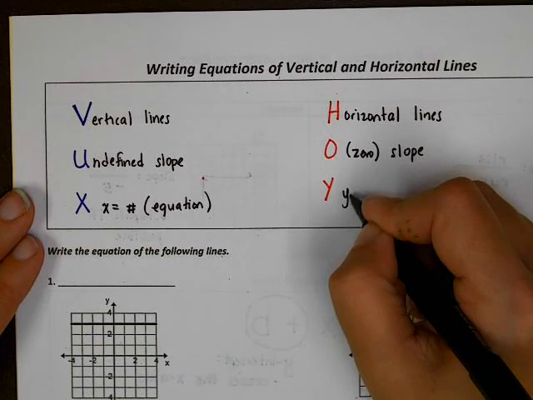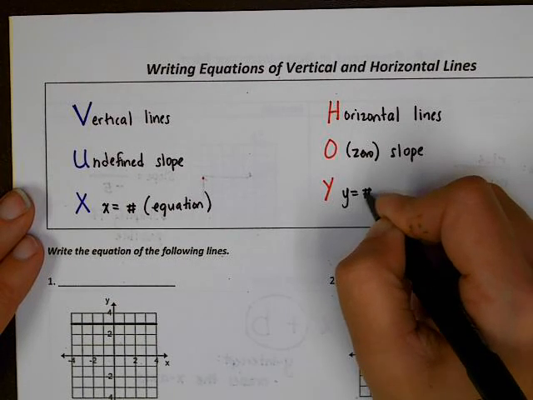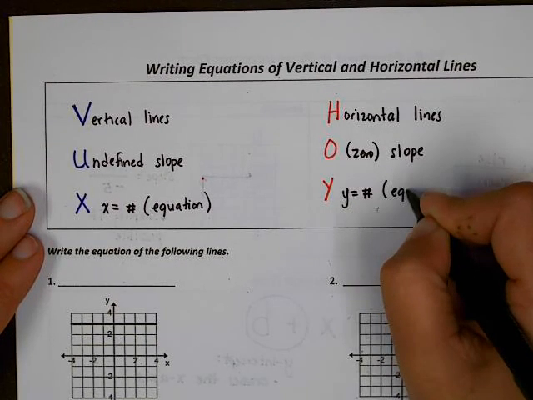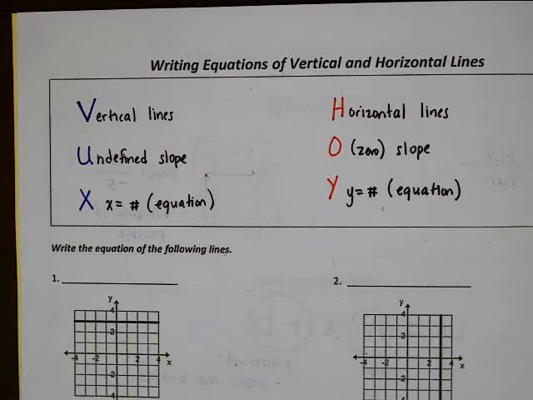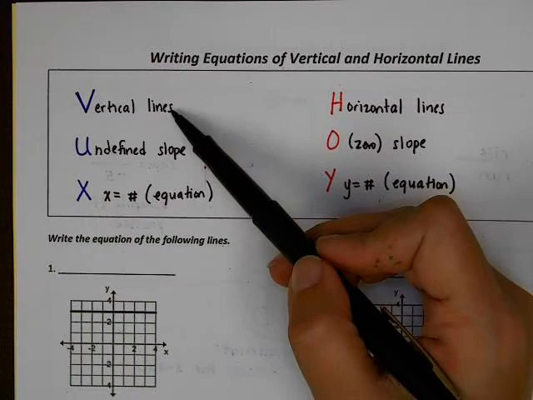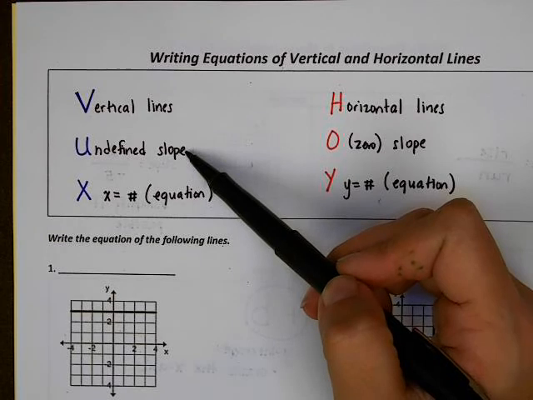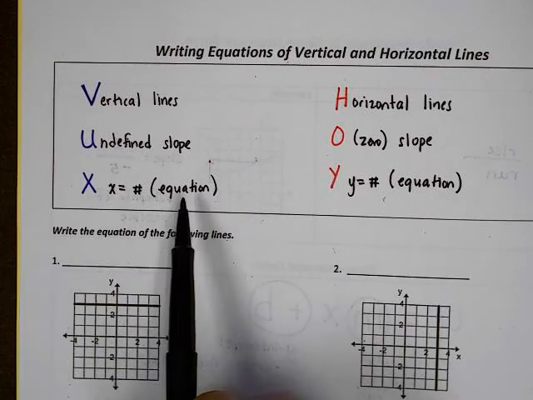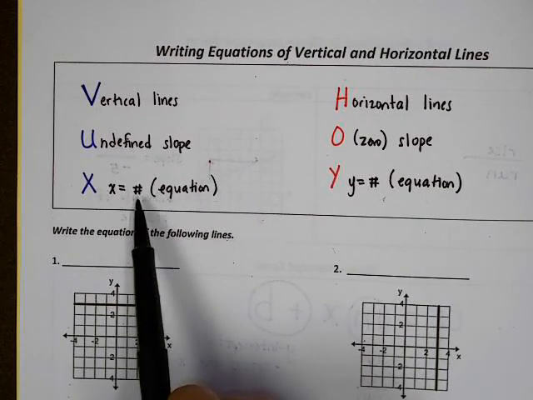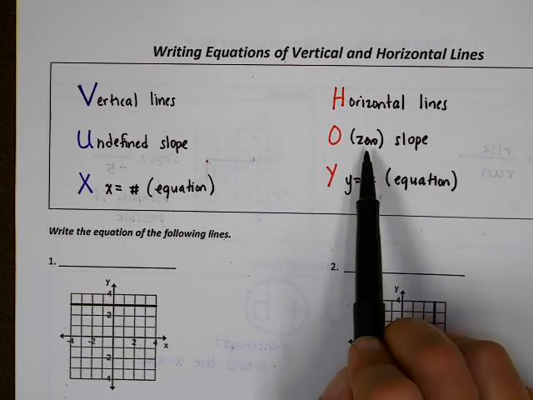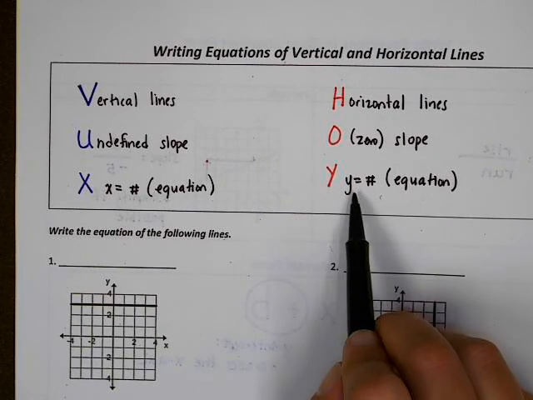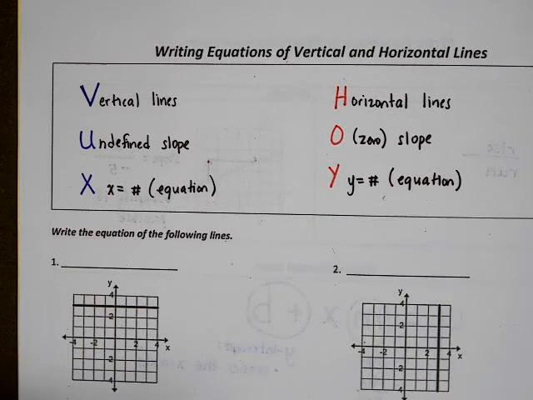And the Y stands for y equals a number in the equation. So this helps us remember that vertical lines have an undefined slope, and when we write the equation, it says x equals a number. It also helps remind us that horizontal lines have a 0 slope, and when we write the equation, it says y equals a number.